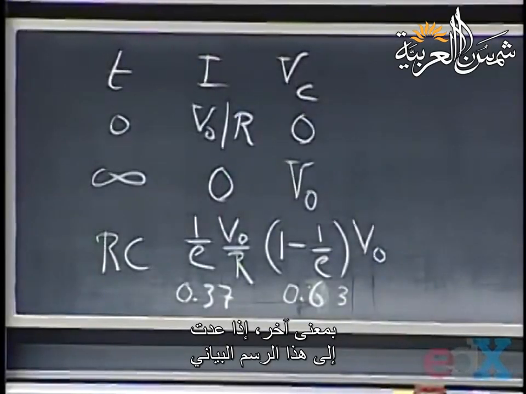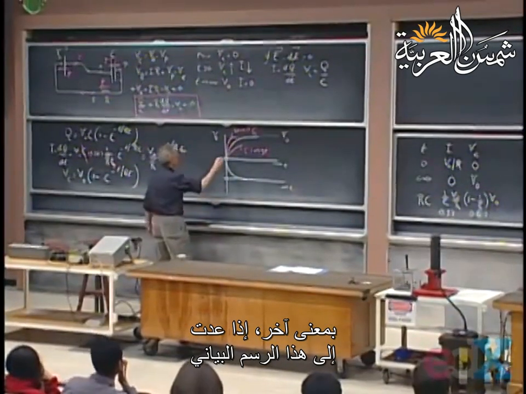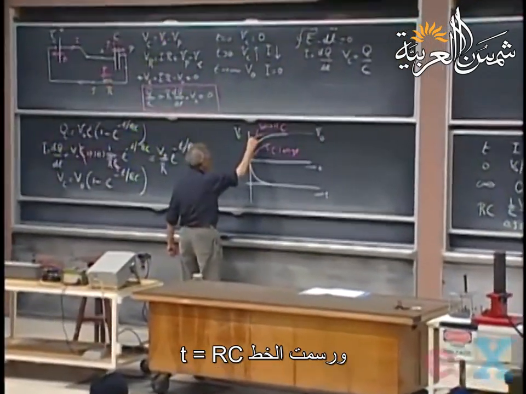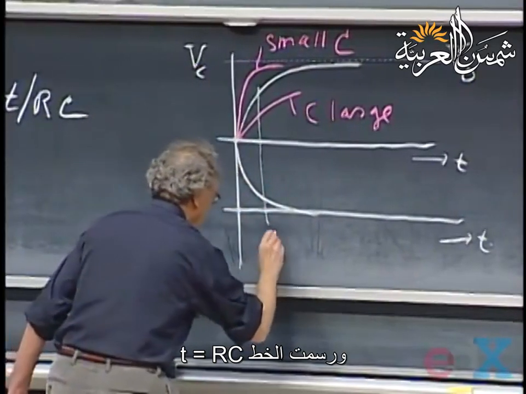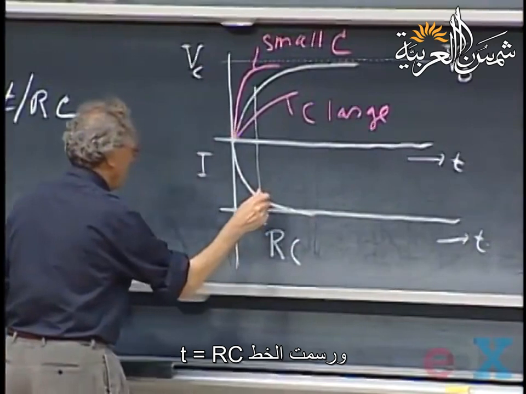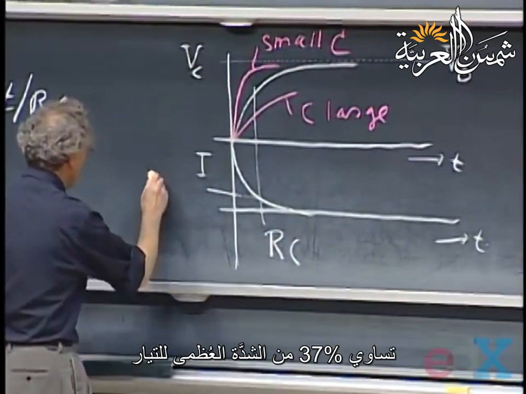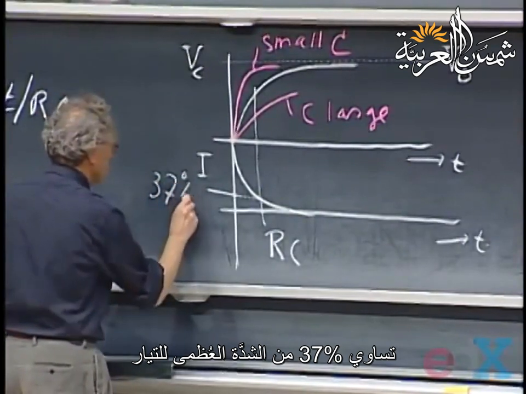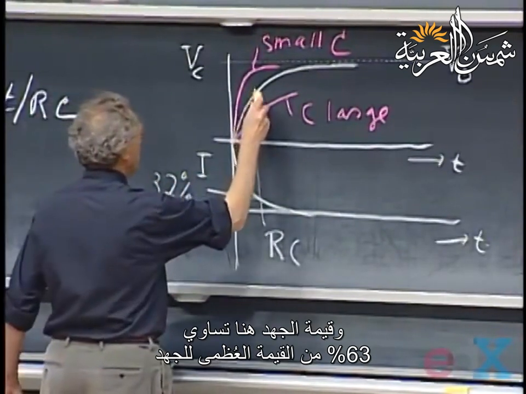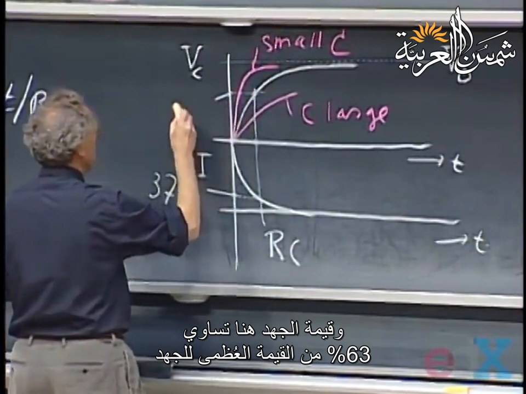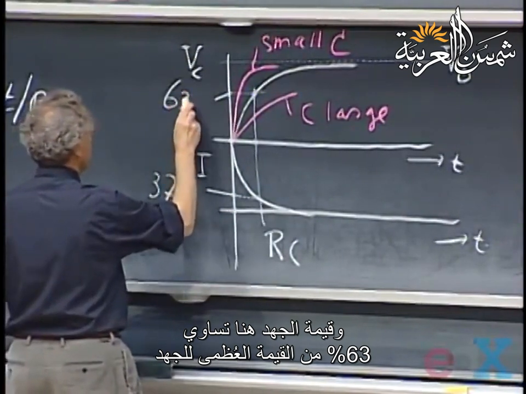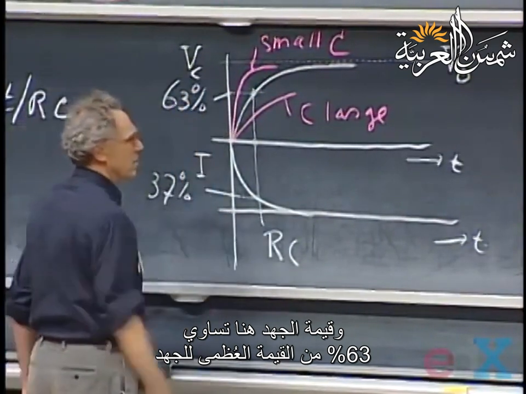In other words, if I go back here to my plot, and if I draw a line at time RC, then this value here is 37% of the maximum, and this value here is then 63% of the maximum.